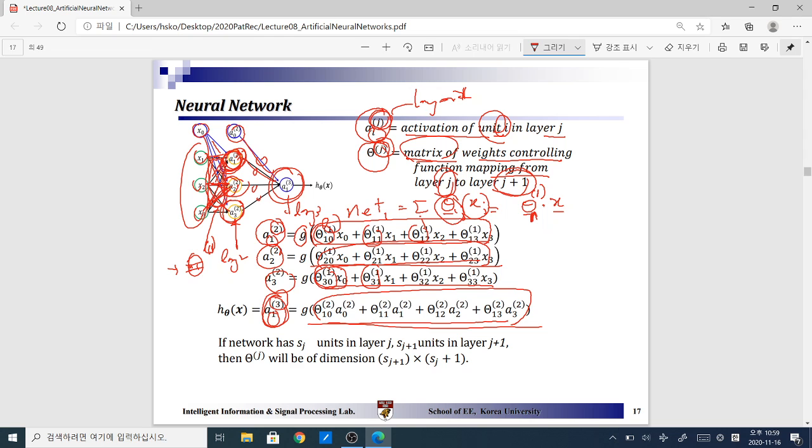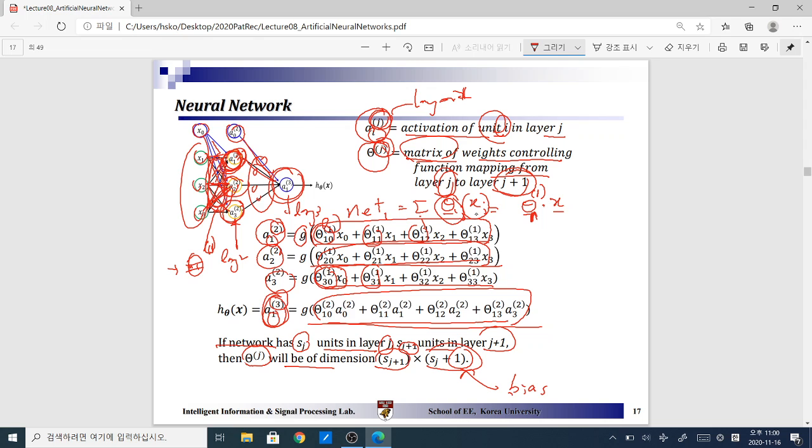Now, if the network has S sub j units in layer j and S sub j plus 1 units in layer j plus 1, then this theta sub j, let's say either this or this, because you only have 2 sets of matrices, will be of dimension S sub j plus 1 by S sub j plus 1. So this 1 here comes in because of the bias.